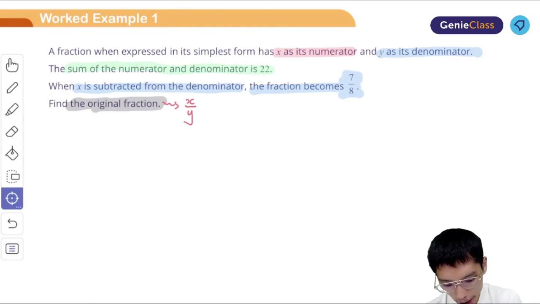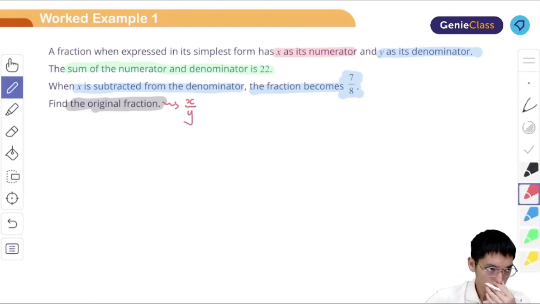In this case, let's go to my green color highlighter first. Very good, Jude. Very good, Denise. Perfect job over there. Okay, very good, Jude. Anybody else wants to try? For the green color highlighter one, what will be the equation I can form from there?